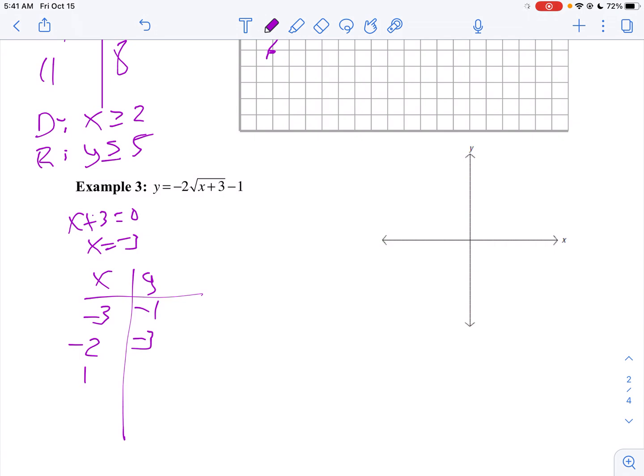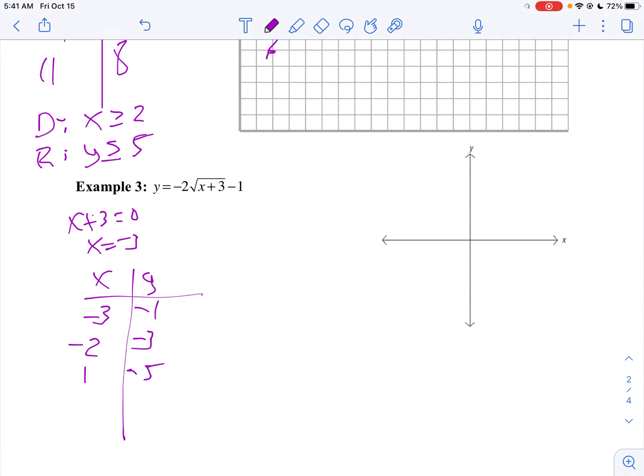So 1 plus 3 is 4. The square root of 4 is 2. 2 times negative 2 is negative 4, minus 1 is negative 5. Sorry about that. I did the arithmetic wrong. So you get negative 5.